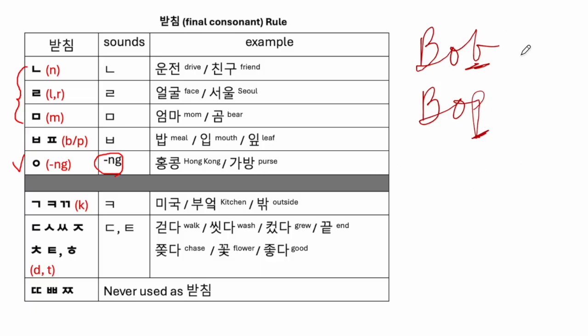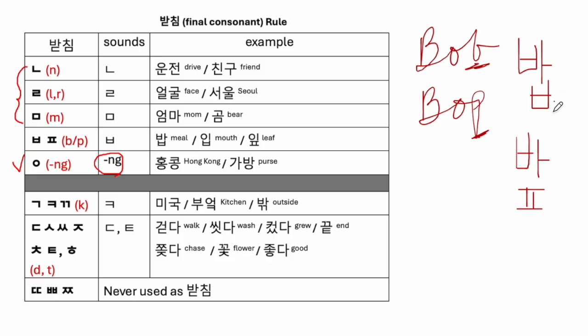Whether it's ㅂ or ㅍ, it'll be the same sound. It doesn't matter because we do not open our mouth. So once you close your lips, that's it. This is 밥. In English, it will be bob. This one, bop. There's a little bit of that sound, right? But in Korean, no.